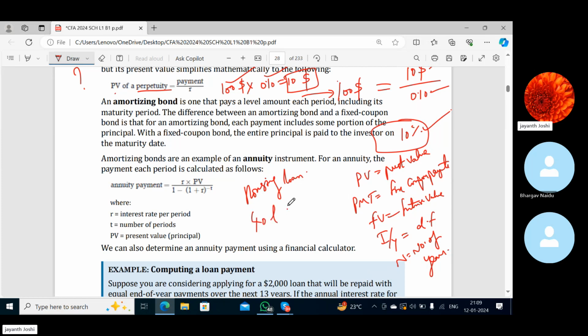Open your Google search, and on that type SBI home loan calculator. Type it. Did you type? I'm asking something. Did you open your Google search? Yes.